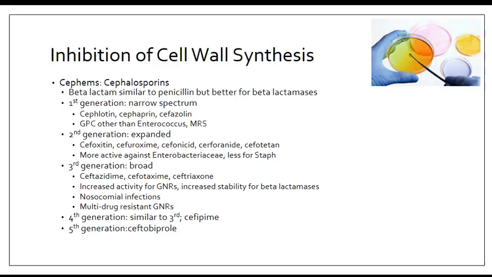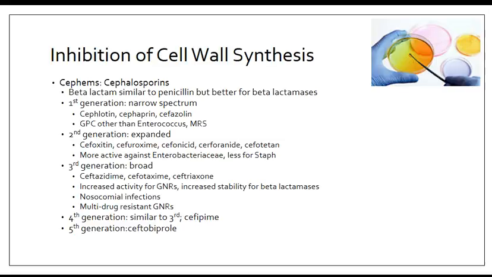Okay, the cephems or cephalosporins, these are set up into different generations, and as of now, all the way up to the fifth generation has been created. These are similar to penicillin, but they are better against beta-lactamase.